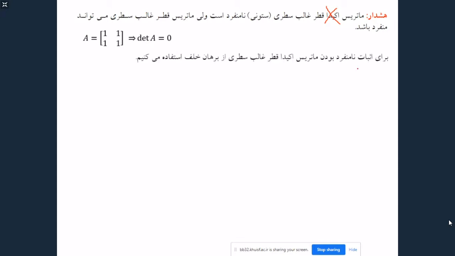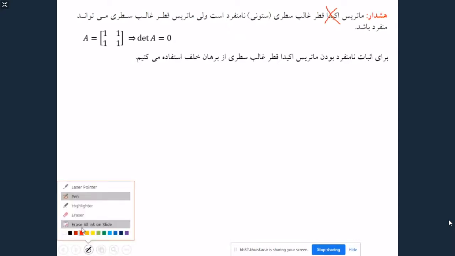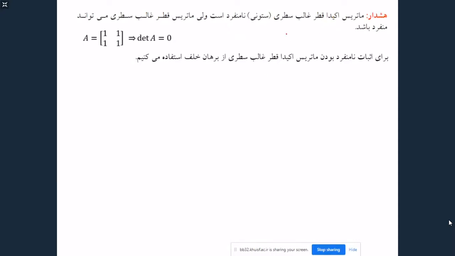To prove the non-singularity in the strict case, let the determinant of A equal 0. That means we want to use proof by contradiction.